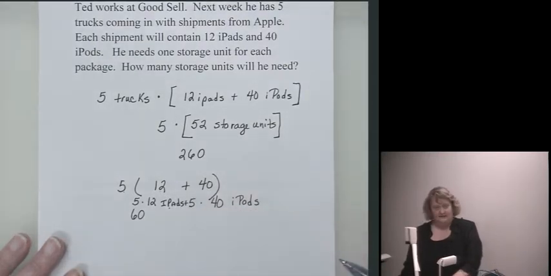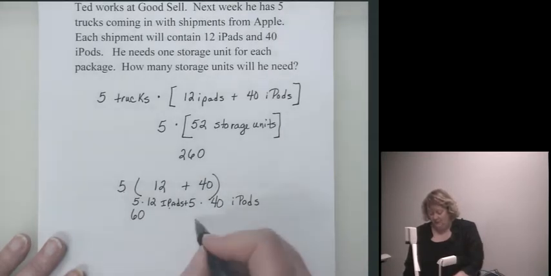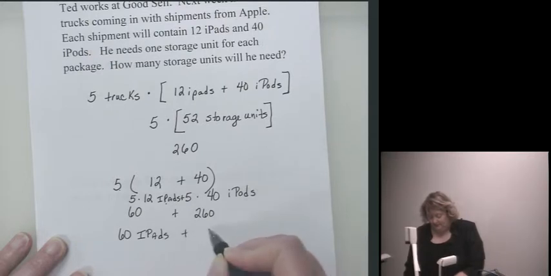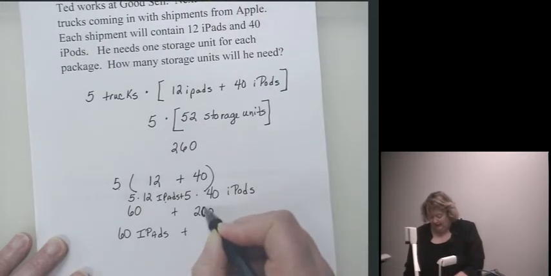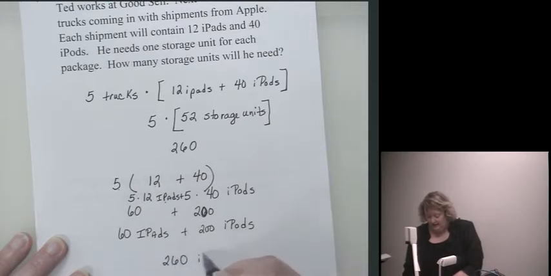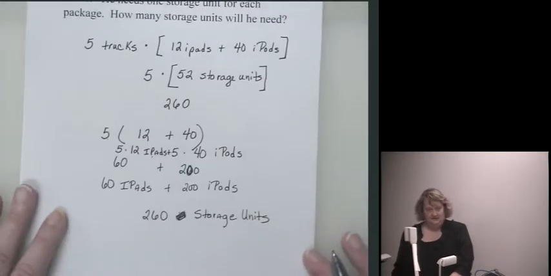Put a little plus sign and slide that in there. And 5 times 40 would be 200. So I would be getting in 60 iPads, plus 200 iPods. And since each one contains one storage unit, that would be 260 storage units.